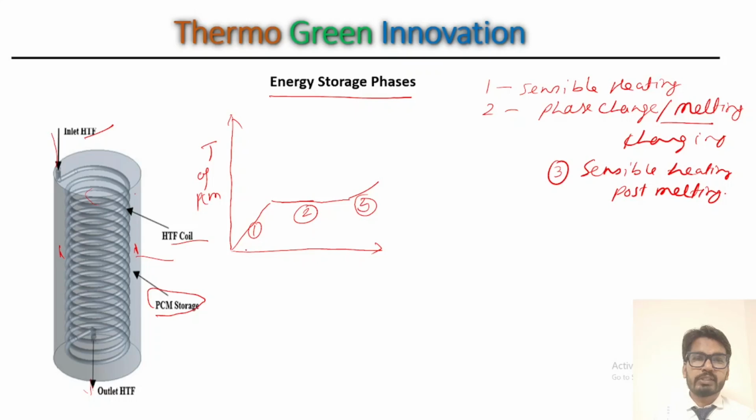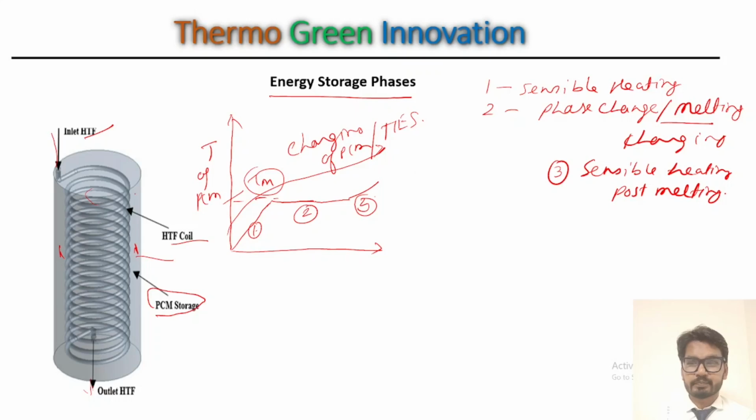The overall process goes like this: we are considering a PCM which is solid at ambient condition, and the temperature moves and its phase changes at the melting point. This will be Tm, the melting point. The entire process can be called the charging of the PCM, the charging of thermal energy storage, and it goes like this: sensible, latent, and again sensible. I hope I make sense till here.